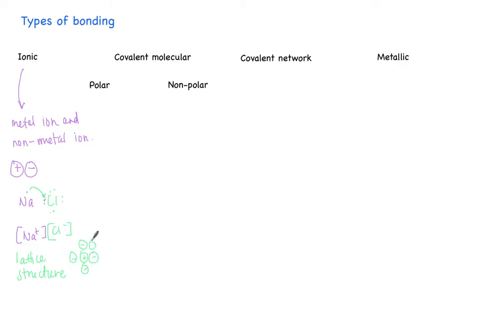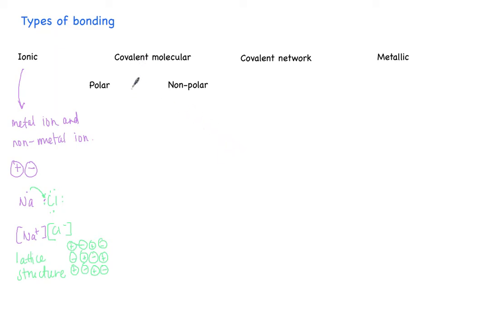So it's going to take on a regular, uniform pattern. Okay, and what is keeping these ions together is, once again, the electrostatic attraction between the oppositely charged ions. Okay, so that's a little bit of the breakdown of what an ionic bond is.